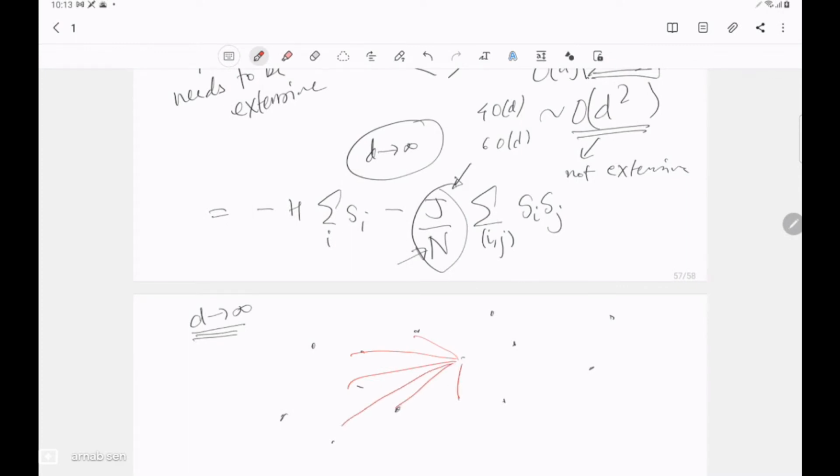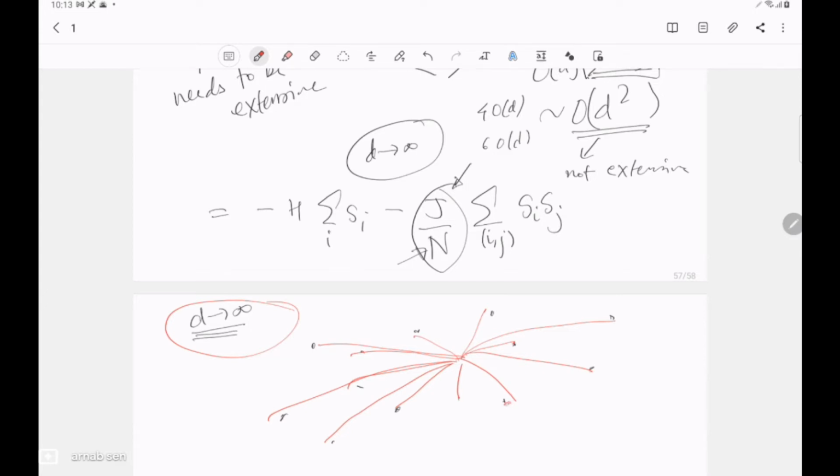You see what I'm doing, right? Each point is interacting with all the other points. Because in this limit, basically you lose your sense of locality. All the distances are equally likely. So that's the point. Each point is basically interacting with each other point.